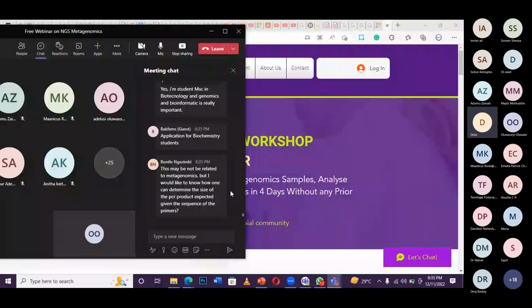So I would like to know whether it's really affordable for a master's student to use such cutting edge technology like next generation sequencing or whole genome sequencing.